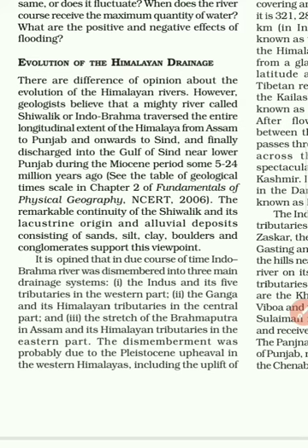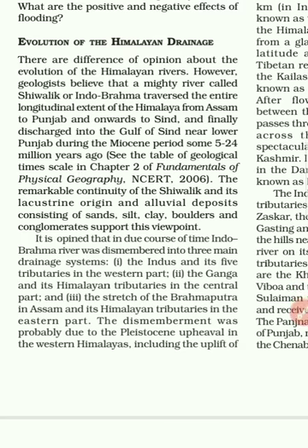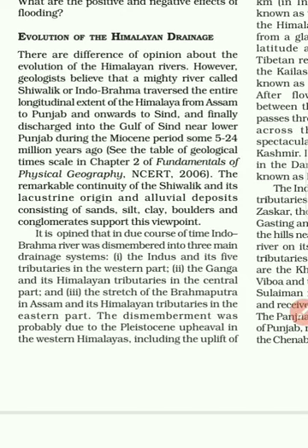support this viewpoint. It is the opinion that in due course of time the Indo-Brahmaputra river was dismembered into three main drainage systems: the Indus and its five tributaries in the western part, the Ganga and its Himalayan tributaries in the central part, and the stretch of Brahmaputra in Assam and its Himalayan tributaries in the eastern part.